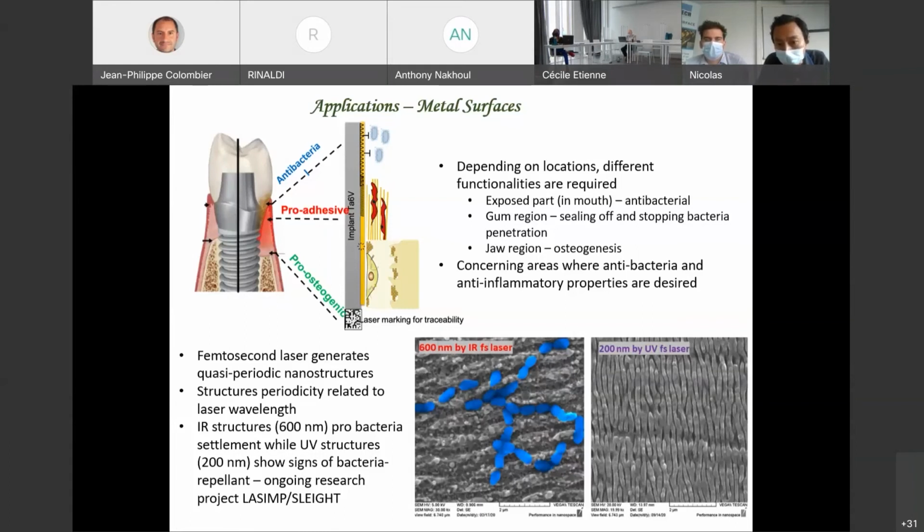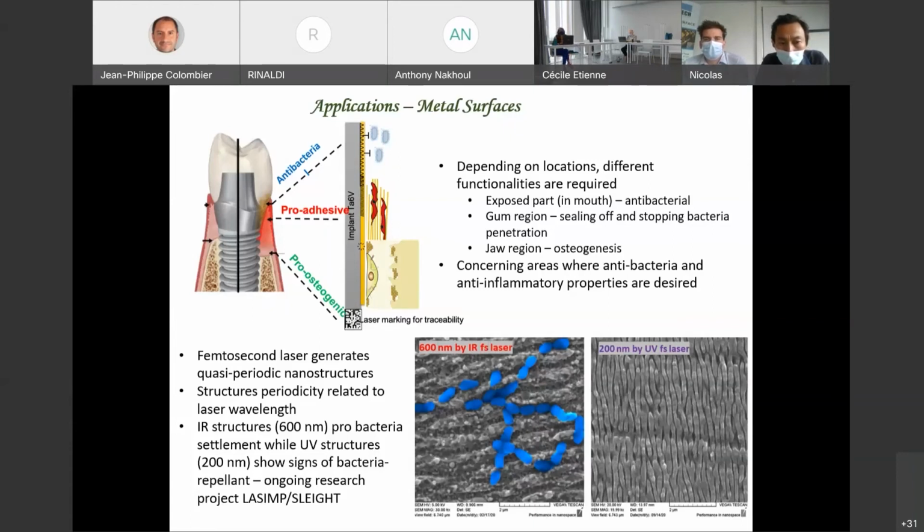On the bottom right-hand side, we have 200 nanometers periodicity of the nanoripples, and this periodicity is smaller than the size of the bacteria, and thus very resistant to attachment of bacteria.